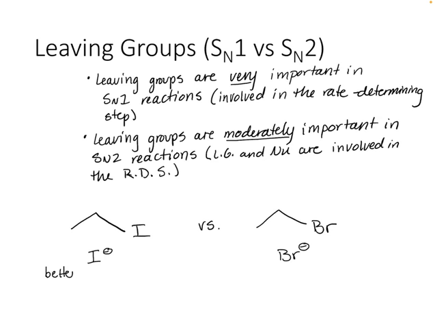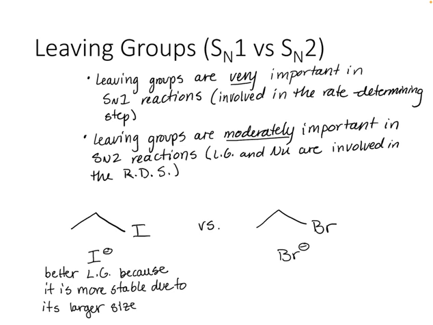So we'll write that this is the better leaving group because it is more stable due to its larger size. All right, so this is actually really similar to a long time ago when we were comparing the stability of conjugate bases.